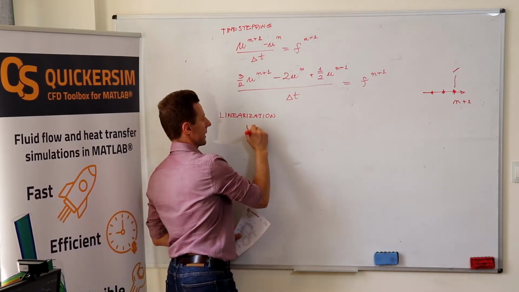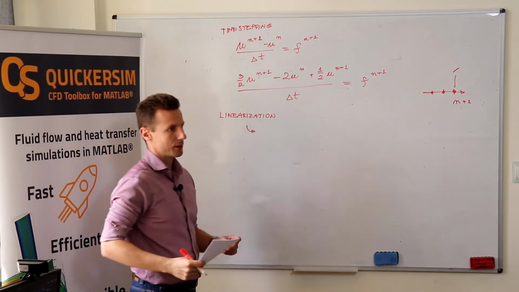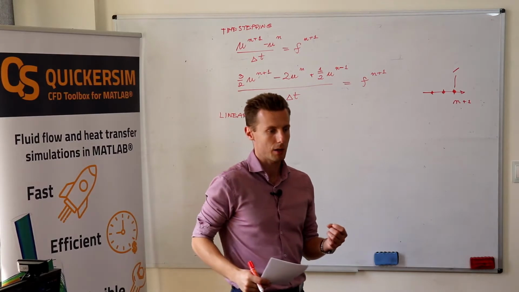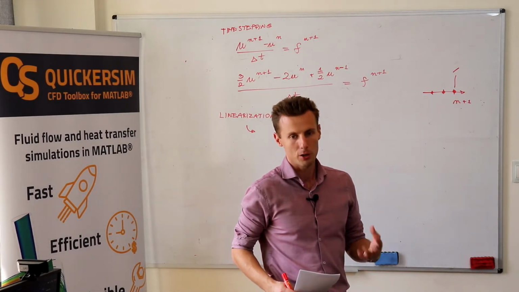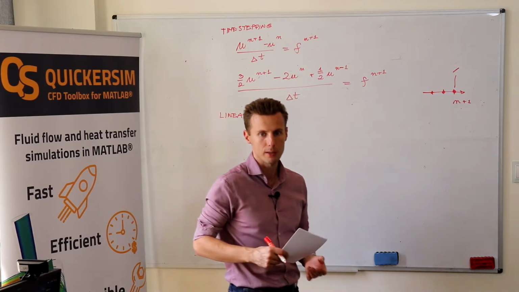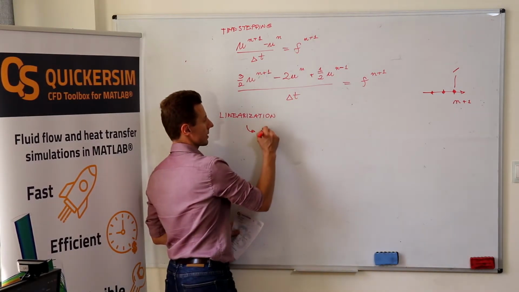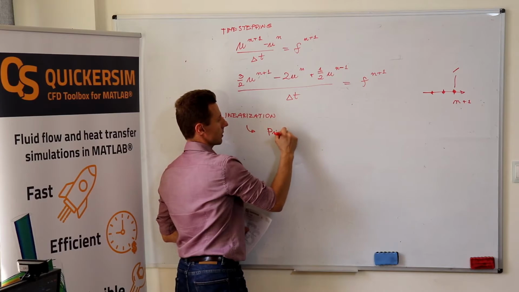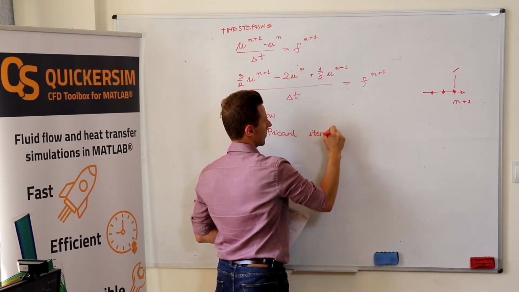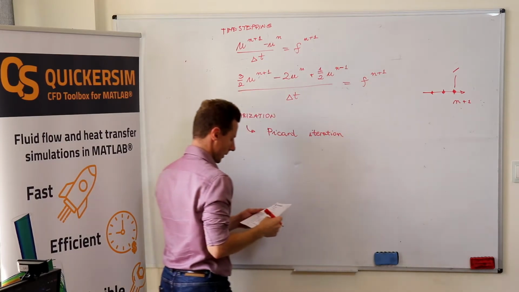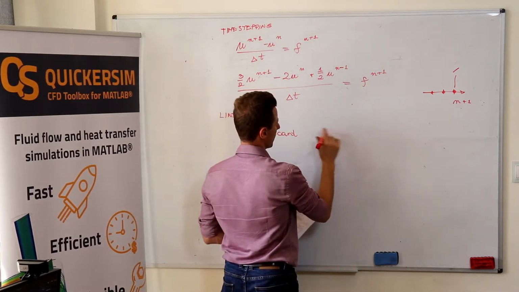One of the techniques, basically the technique where you take as the convection velocity the velocity field calculated in the previous iteration, is called the Picard iteration, or Picard linearization.